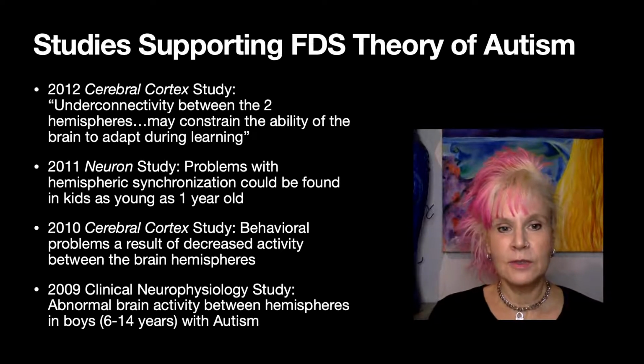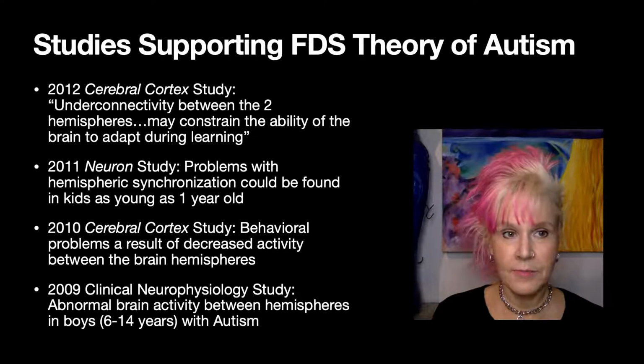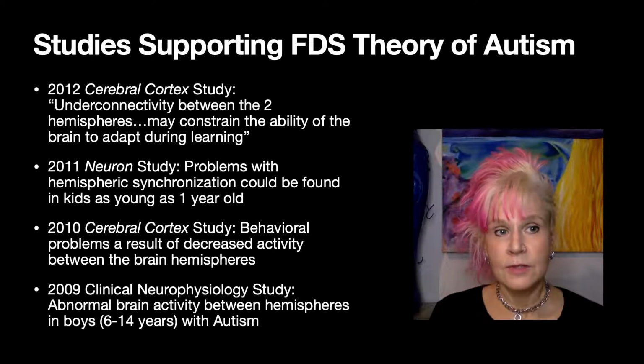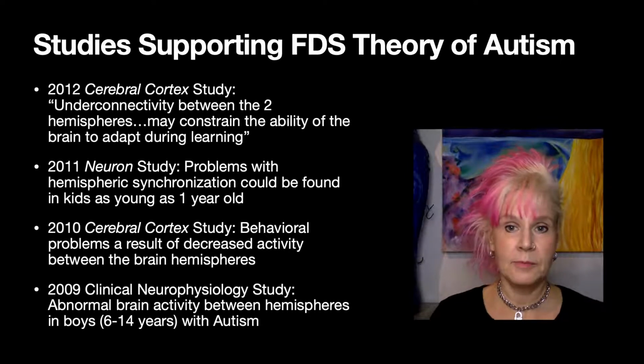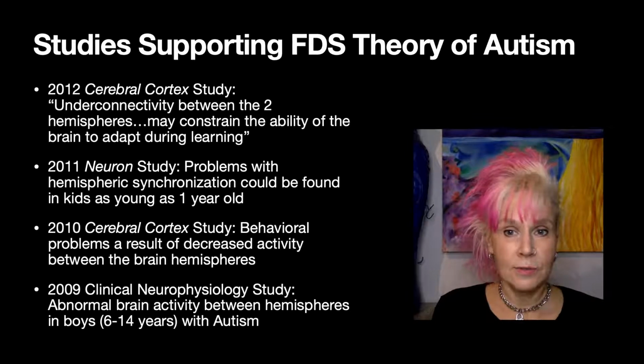So let's get into a little bit about these studies supporting the functional disconnection syndrome theory of autism. And there have been some studies looking at connectivity. So starting in 2012, there was a study done at Carnegie Mellon University, and people with autism had difficulty recognizing body language associated with lying in comparison with the same IQ peers that were not diagnosed with autism.